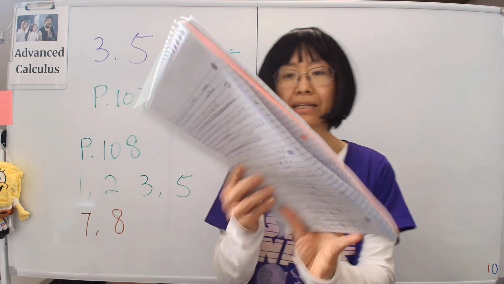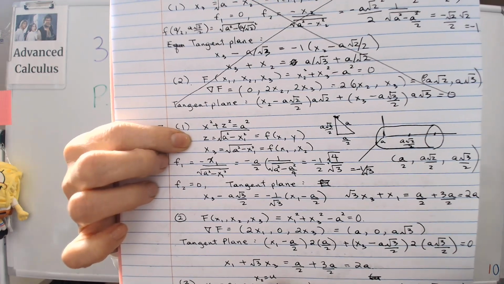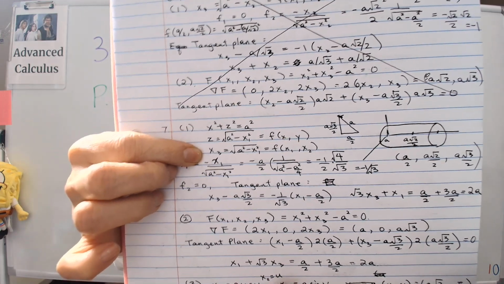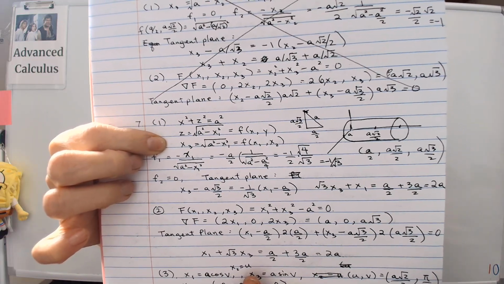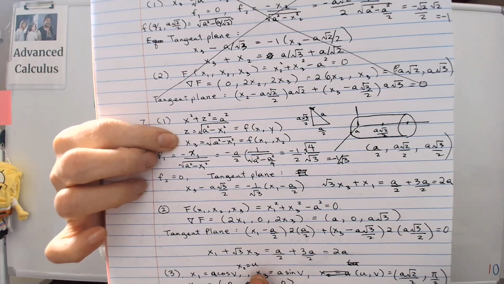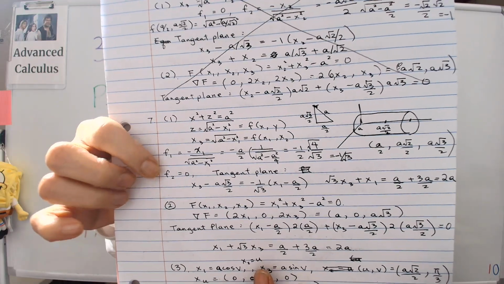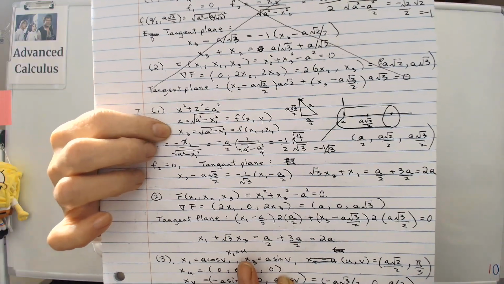The tangent plane in the first form would be z equals something in x and y, which ends up being x3 equals the square root of a squared minus x1 squared, because it's a nice comfortable cylinder. x2 is not in the equation; we don't care what x2 is, it can be anything.